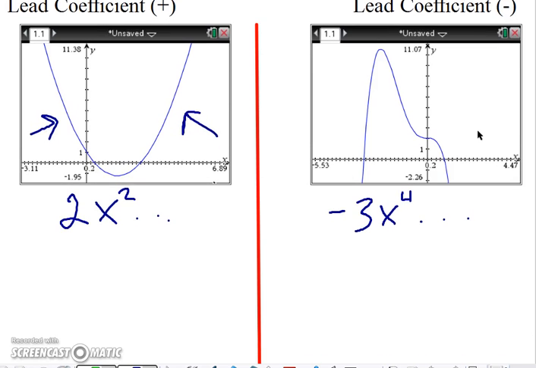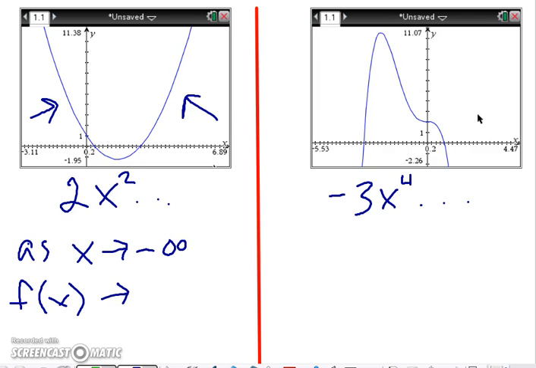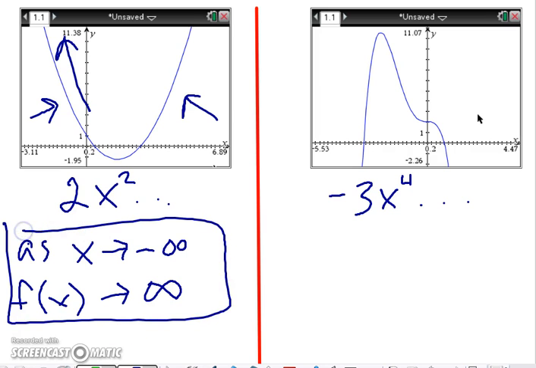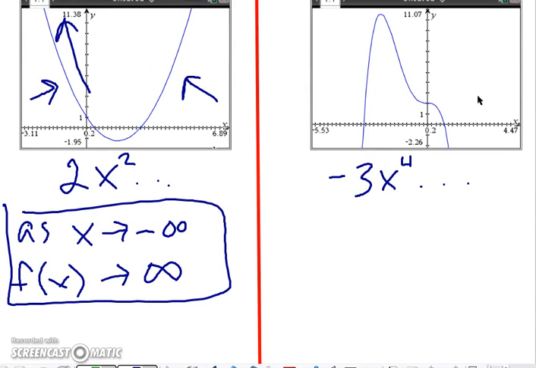So this time, we notice that as x goes to negative infinity, so that would be the left-hand side, f of x goes to positive infinity. It's going up. Our graph is going up as we move further left. So that's the first half of the statement. And in the second half, we look at the right-hand side.